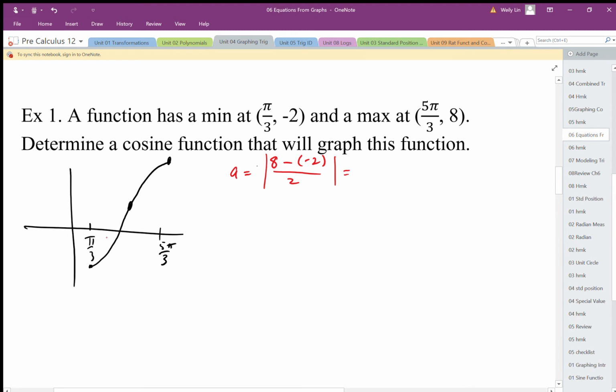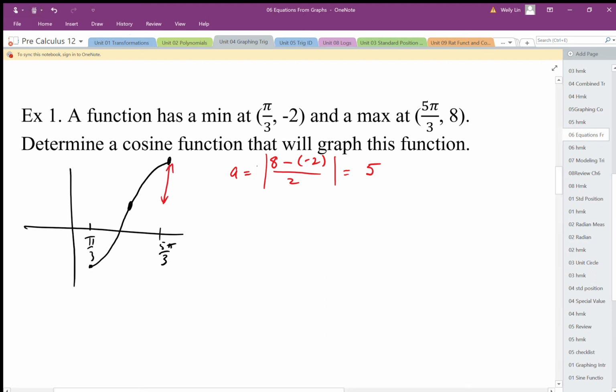So halfway between 8 and -2 is going to be 3. Oops, sorry, that's not halfway. We're doing the difference. 8 plus 2 divided by 2 is 5, so our amplitude is 5. That represents the distance from middle to there.